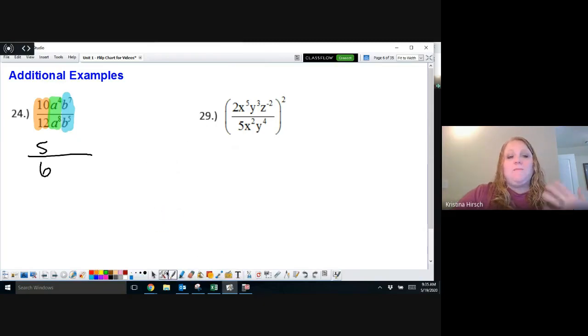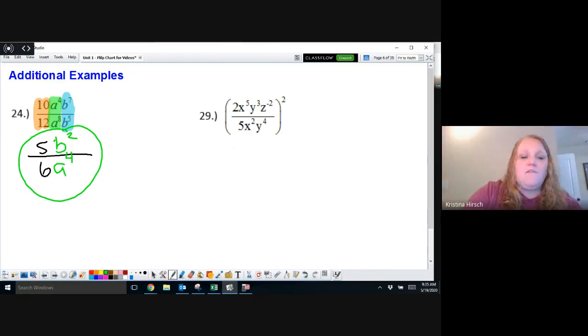And I know because it's bottom heavy that it would stay in the denominator. So I would get a to the 4th power in the denominator. And for my b's, I'm going to subtract, but because it's top heavy, I'm going to say 7 minus 5 to get b squared. So this would be our final answer.